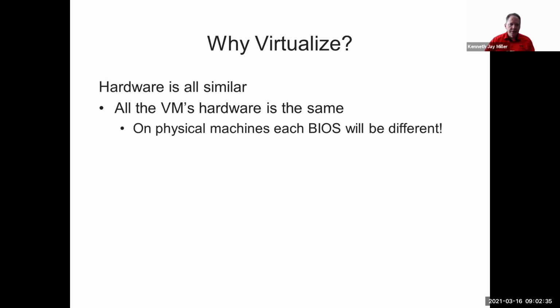If you've ever taken the hard drive out of one machine and put it into another machine and turned it on and booted from that hard drive, it may or may not work properly, or it may have to go through a bunch of updates to reconfigure the hardware on that machine. We kind of saw this a little bit last week when we tried to move from VMware Workstation to ESXi.